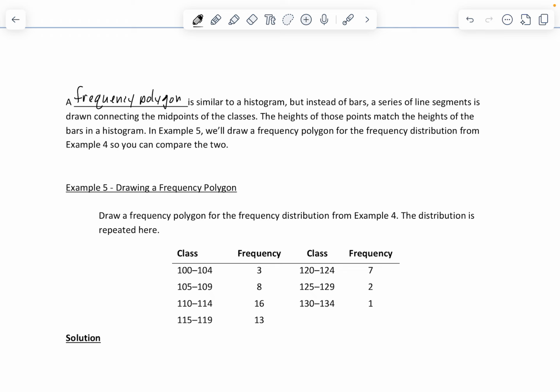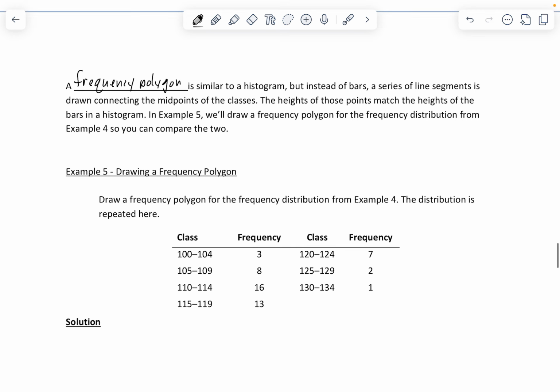The heights of those points match the heights of the bars in a histogram. In example 5, we'll draw a frequency polygon for the frequency distribution from example 4, so we can compare the two. So we want to draw a frequency polygon for the frequency distribution from example 4.